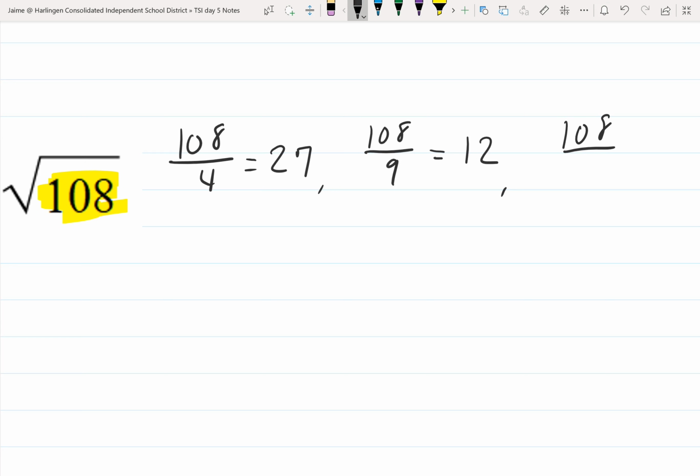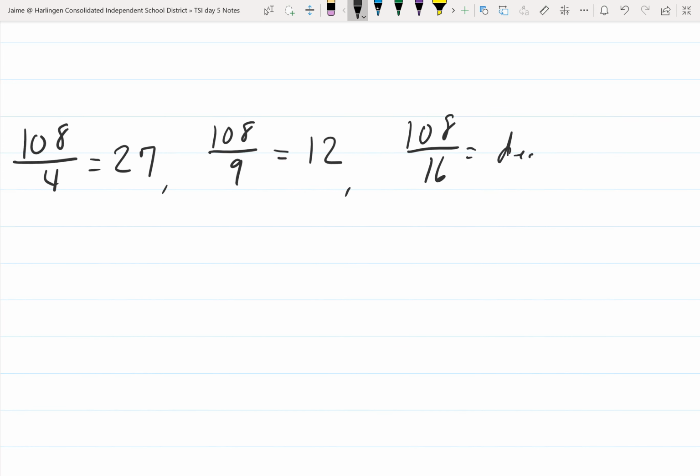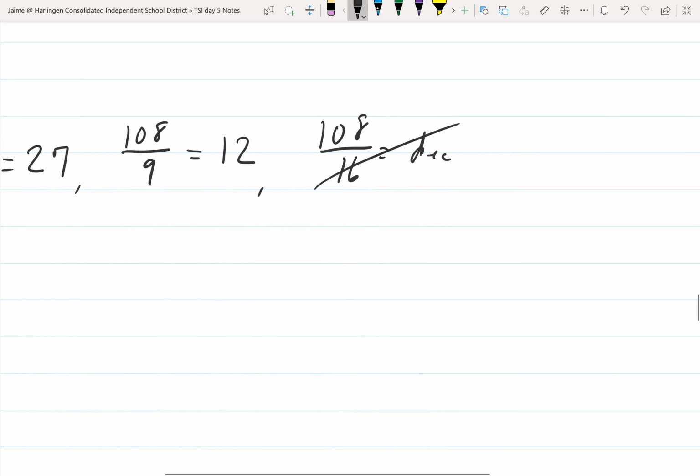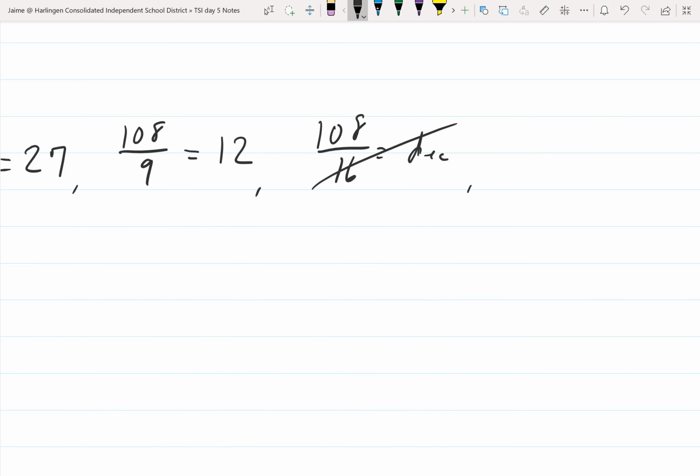Well, that's 2 squared, that's 3 squared, so 4 would be 16. If you divide this by 16, you get a decimal. So that means automatically 16 doesn't work at all. So right now 4 maybe works, but 9 is even better because it gives you a smaller number. You keep on going until you get the smallest number we can get.